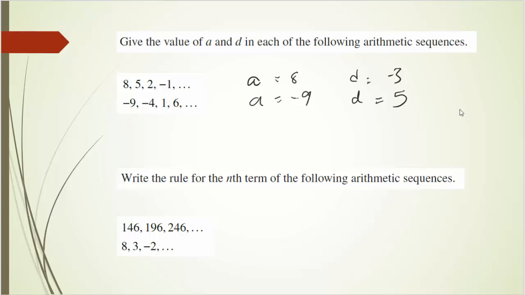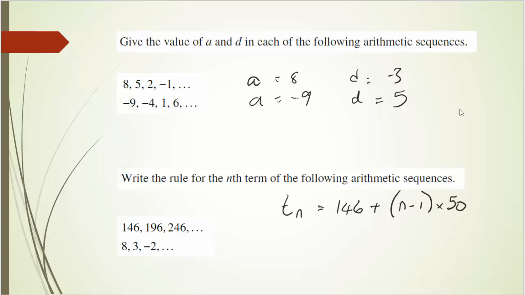Okay, you've been given an arithmetic sequence, two of them. Could you write up that rule for finding the nth term? Now what you do is you write Tn equals a, in this case 146, plus brackets n minus 1, and then you're going to be multiplying by the difference, which I think is fairly obviously 50.